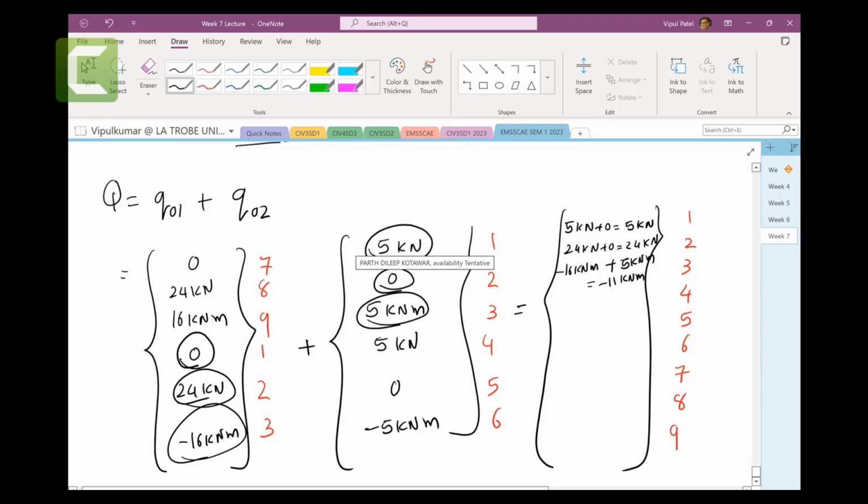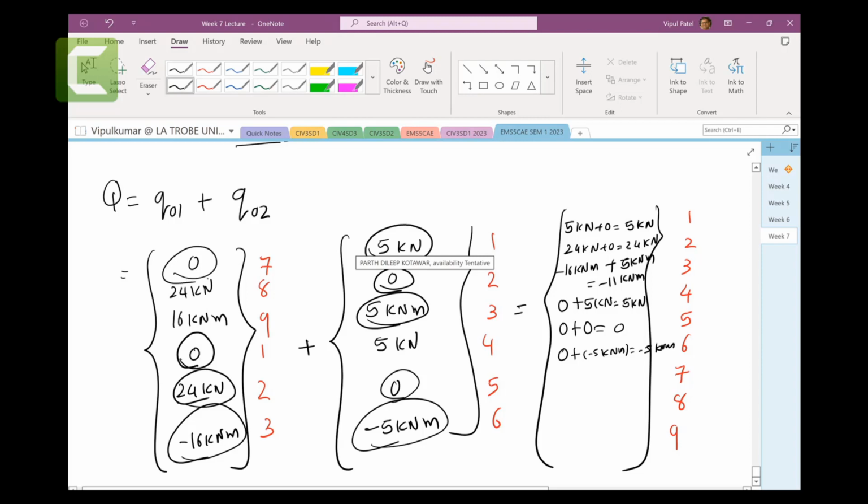Number 4, there is no number 4 here, so there is 0, but here we have 5 kilonewtons, so equal to 5 kilonewtons. Number 5, there is no number 5 here on the first one, but here 0, so both are 0. Number 6, there is no number 6 here, only this one, minus 5 kilonewton meters, so equal to minus 5 kilonewton meters.